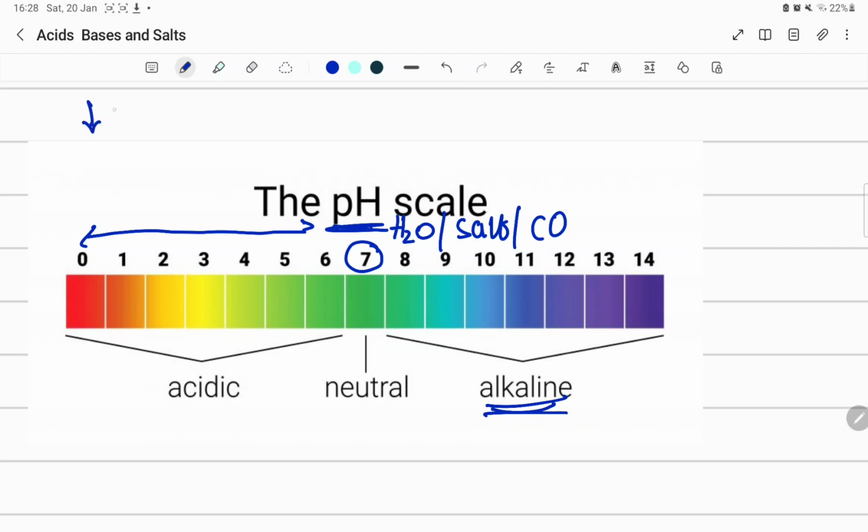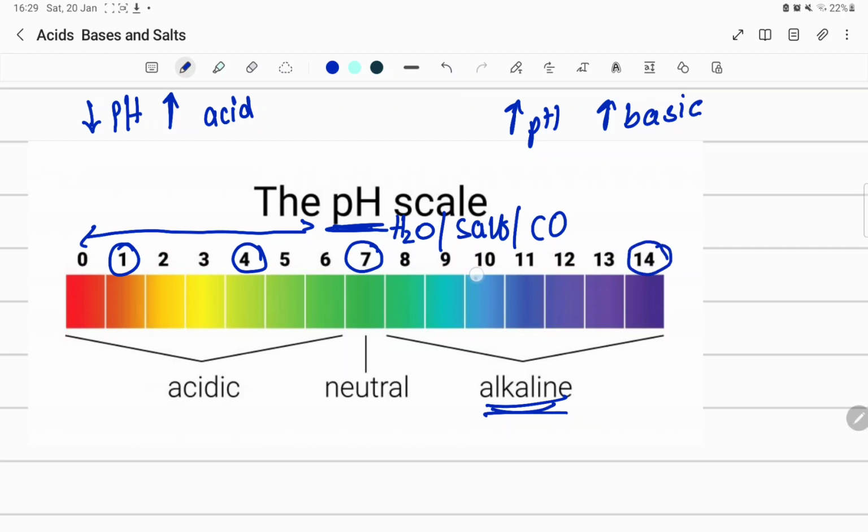The lower the pH, the stronger the acid. And the higher the pH, the more alkali it is, the more basic. Whatever acid is at number 1 is stronger than whatever acid is at number 4. Whatever alkali is at number 14 is stronger than whatever alkali is at number 10.